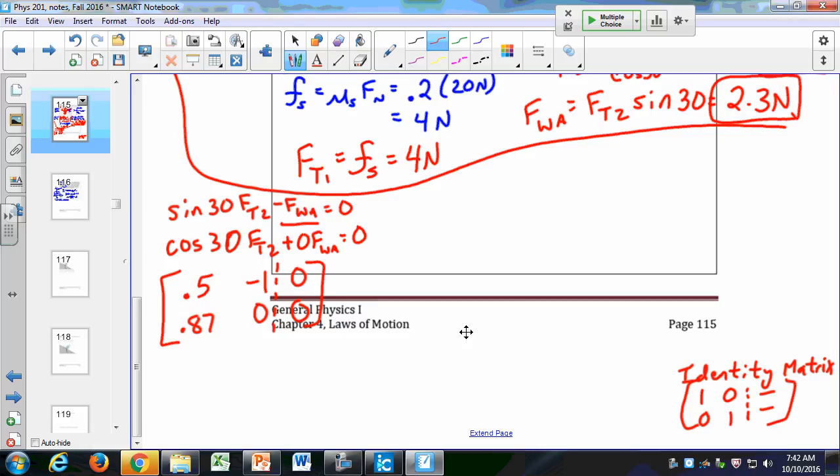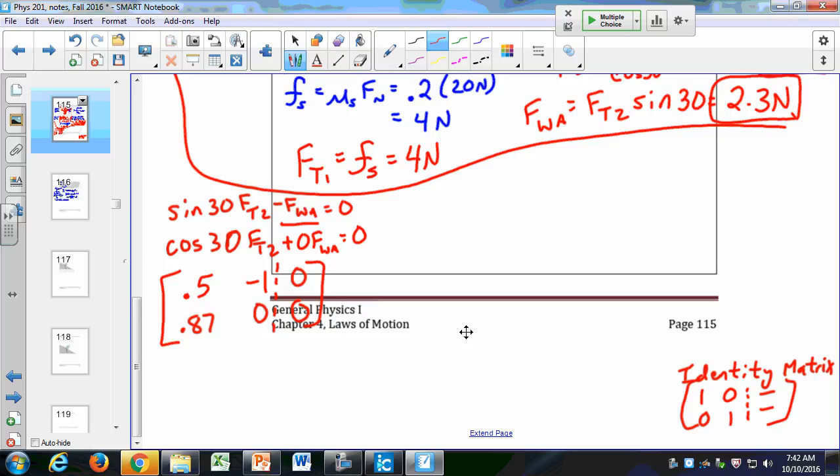It would be like 1 FT2 plus 0 FWA equals whatever the value is. Right, so that tells you what FT2 is. And then this one will tell you what FWA is. Right, 0 FT2 plus 1 FWA equals whatever value. So we're going to take this matrix and put it in this form, and whatever the values are here will be the answers for FT2 and FWA.